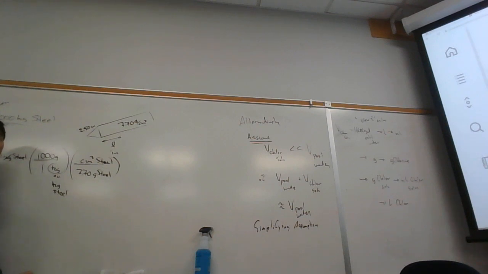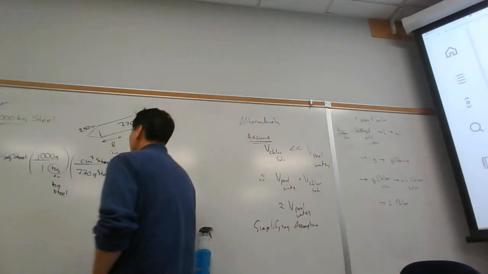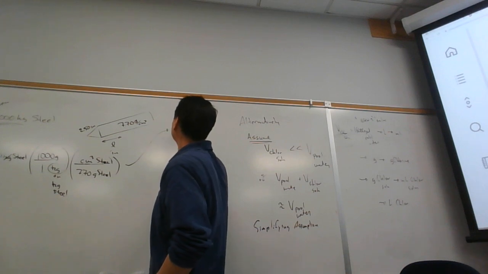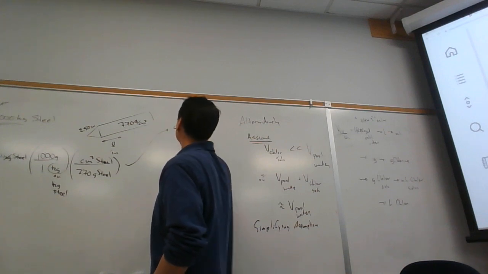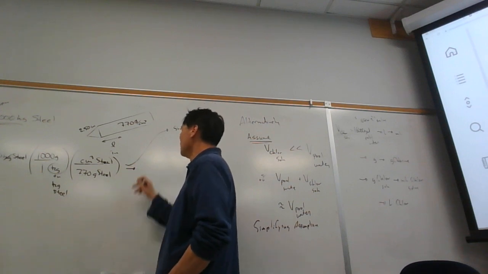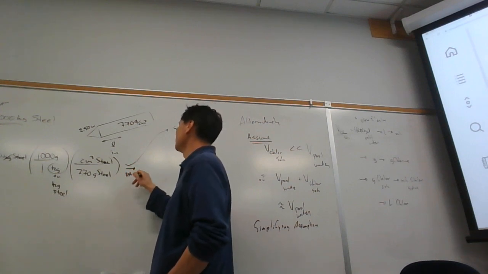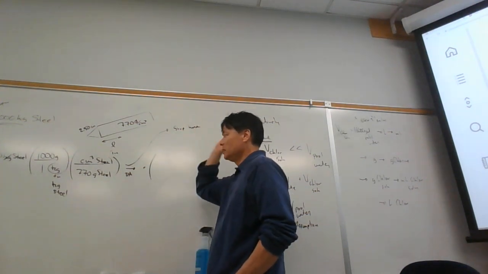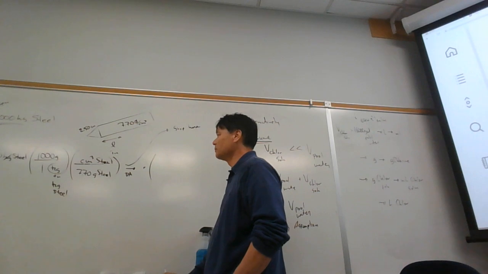Cubic centimeters to inches. Okay. I could stop here and then do it algebraically, or I can continue doing dimensional analysis. I'm going to continue with dimensional analysis, although stopping here might be easier to see, but I want to show you something with this particular problem.